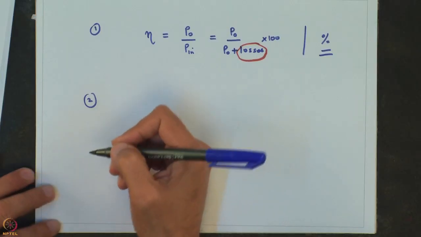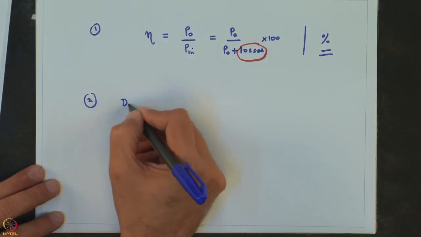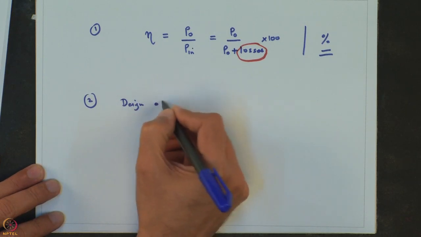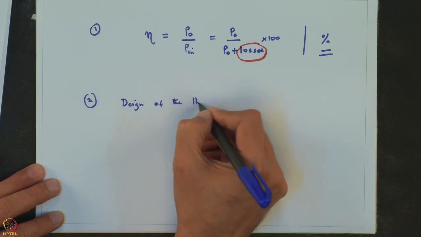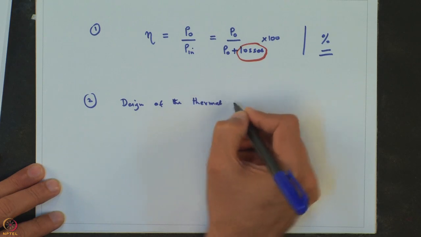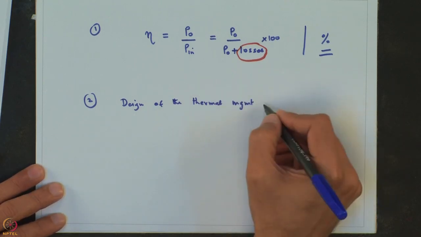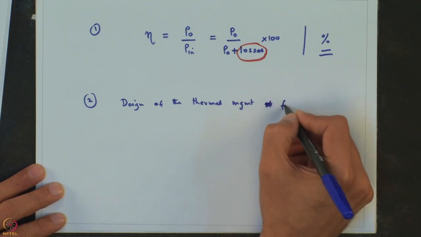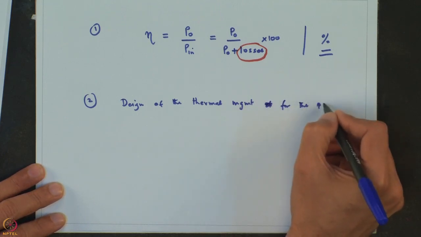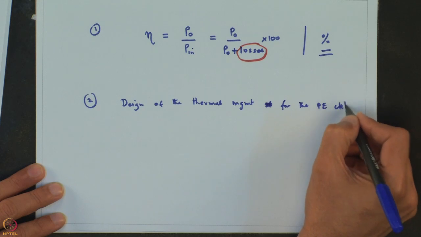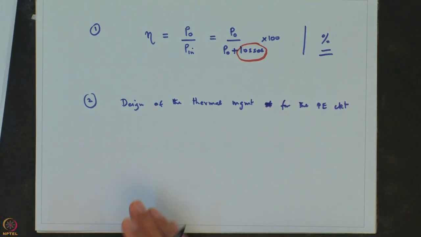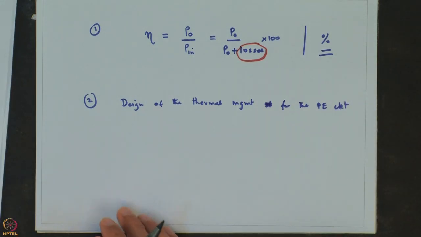The second reason is the design of the thermal management for the PE circuit. So, that is another reason why we need to determine these losses.